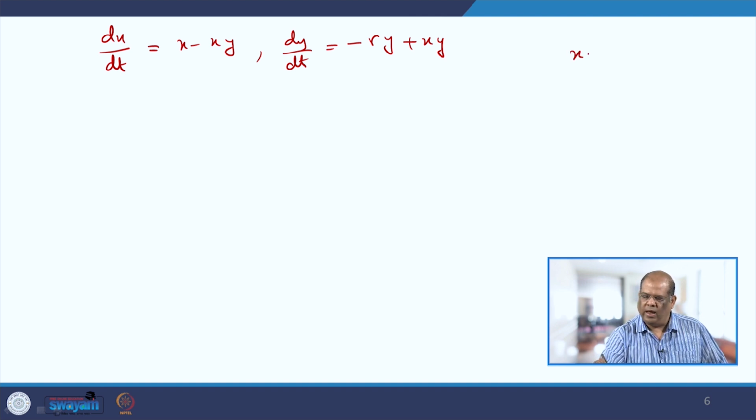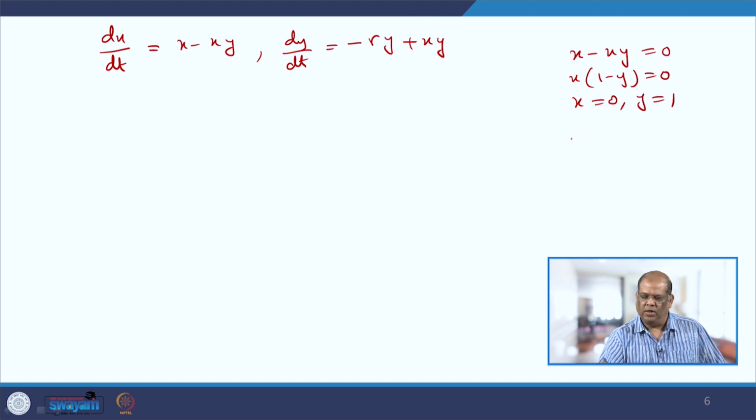If I say x minus xy equal to 0, I take x common, x times 1 minus y equal to 0, which gives x equal to 0 or y equal to 1. My second equation is minus gamma y plus xy equal to 0, I take y common, y times minus gamma plus x.